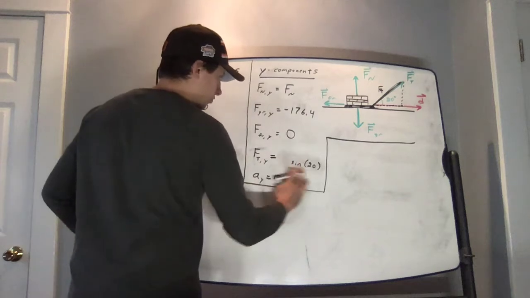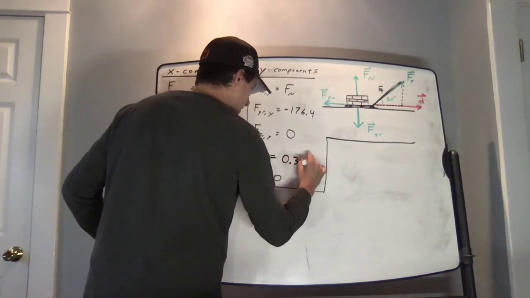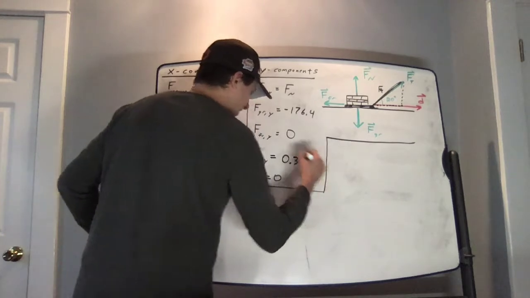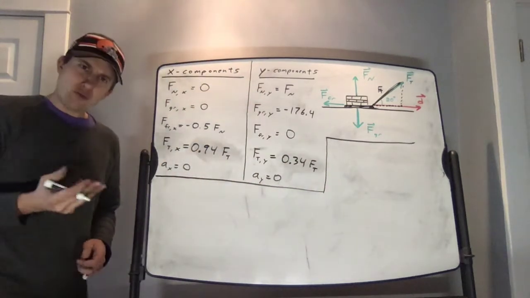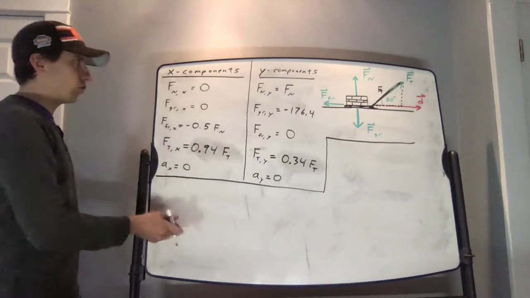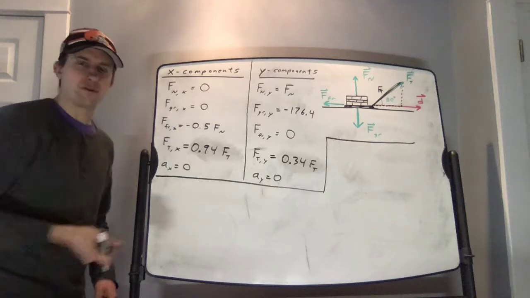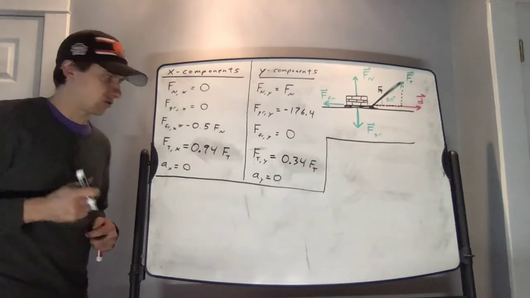And I could write the vertical component of the tension force as 0.34 times the total strength of the tension force. So now we're going to set up Newton's second law twice, one for all the horizontal components of the vectors, one for all the vertical components of the vectors.